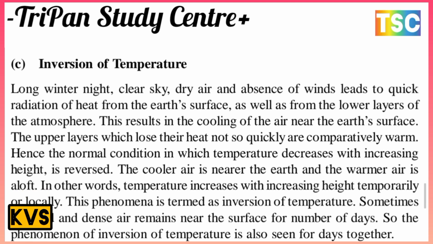Another condition, other than the normal decrease of temperature with increasing height, is reversed. The cooler air is near the earth and the warm air is above. In other words, the temperature increases with increasing height, temporarily and locally. This phenomenon is termed the inversion of temperature.